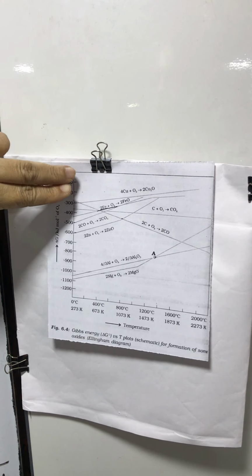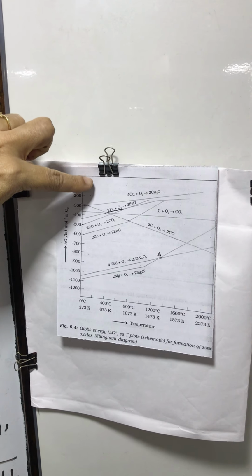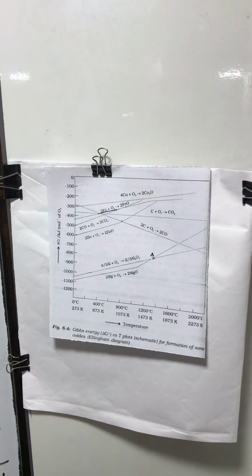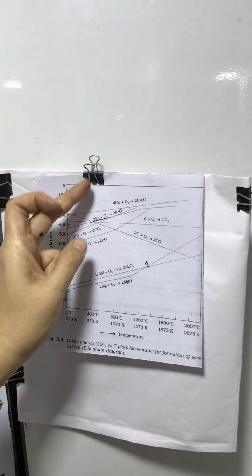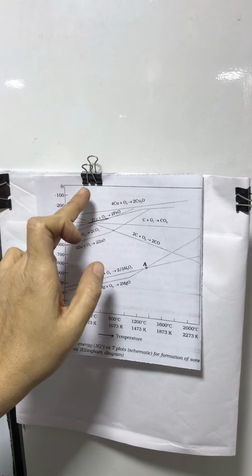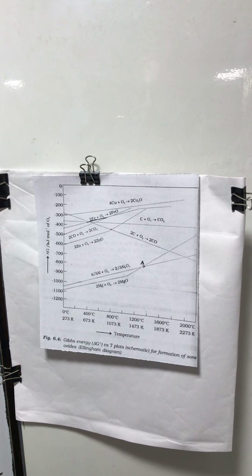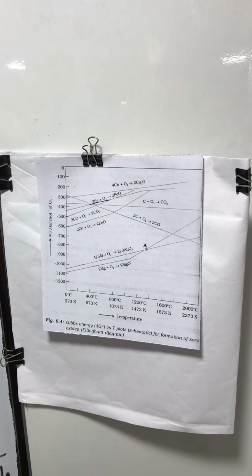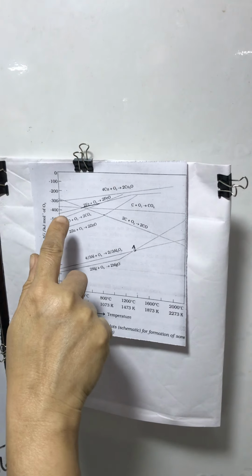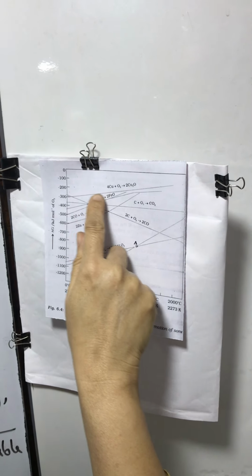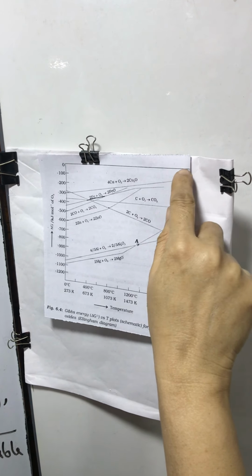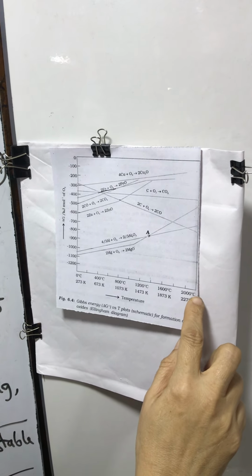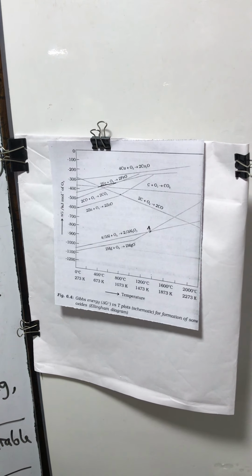So the formation of the oxide of silver, gold is very close to delta G equal to 0. So in that case, if you heat them slightly, then the delta G values will become positive, indicating that the formation of the oxide is non-spontaneous and they will decompose. If you look at copper, then as the graph increases, at some temperature it will cross this line and therefore it can be extracted by thermal decomposition.